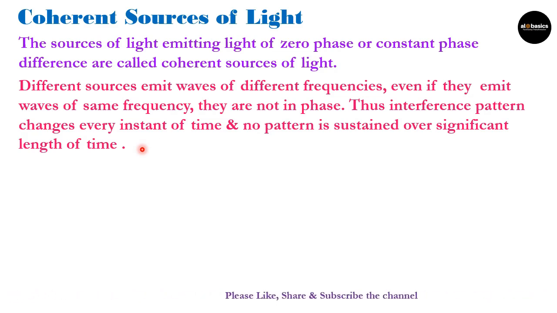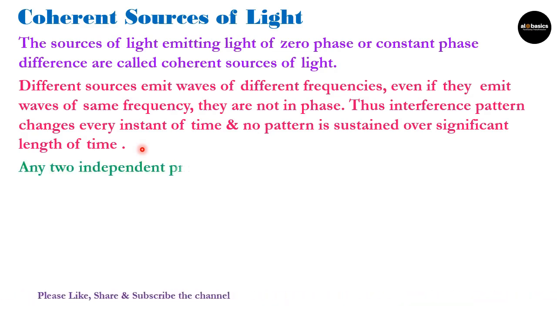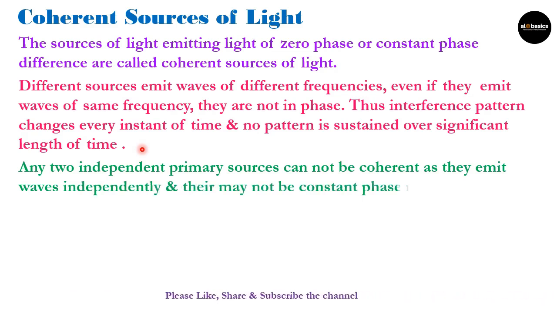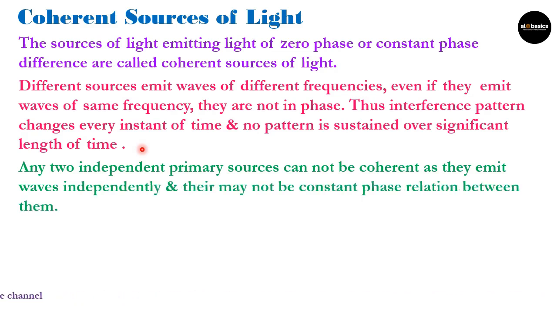That will not give us a steady interference pattern. So two independent primary sources cannot be coherent, as they emit waves independently, and due to that their phase cannot be maintained constant. And as the phase is not constant, the interference pattern will not be steady.